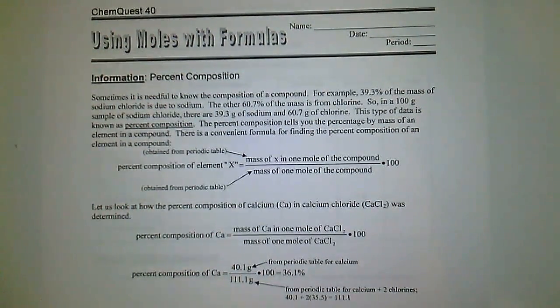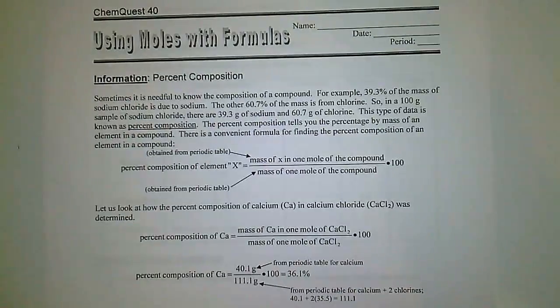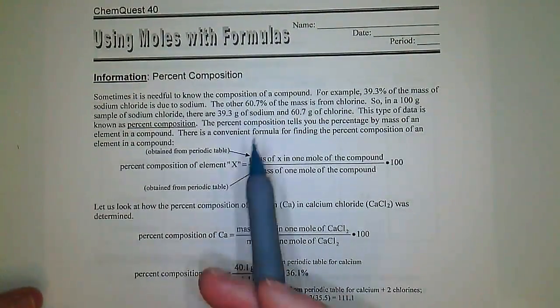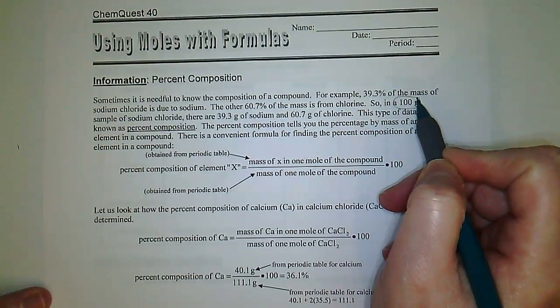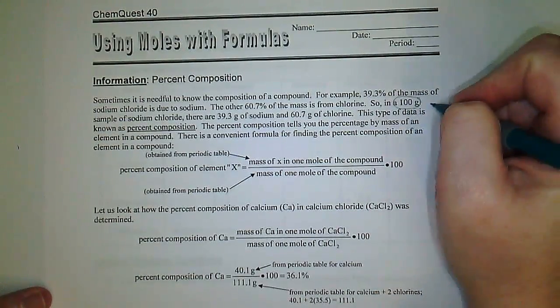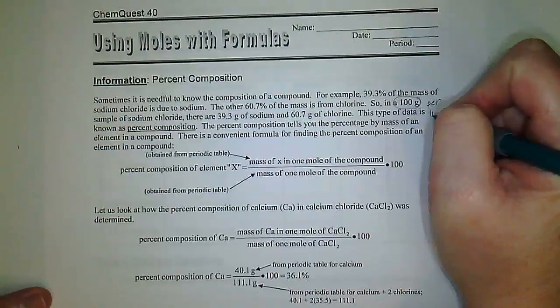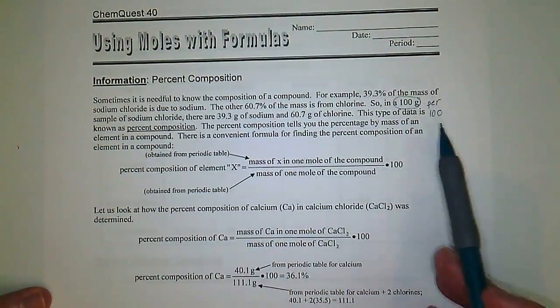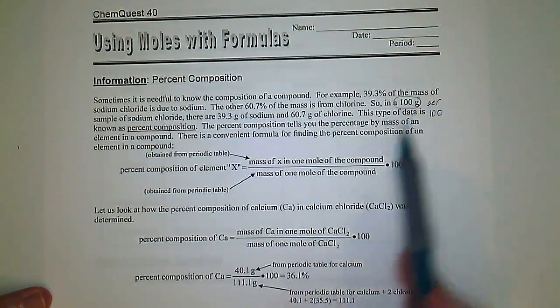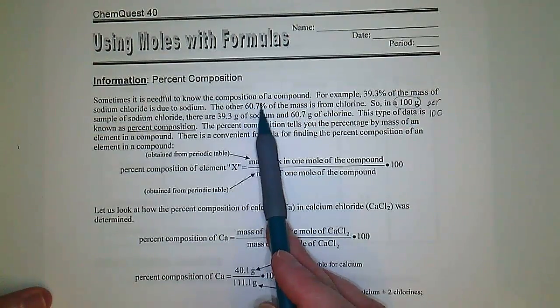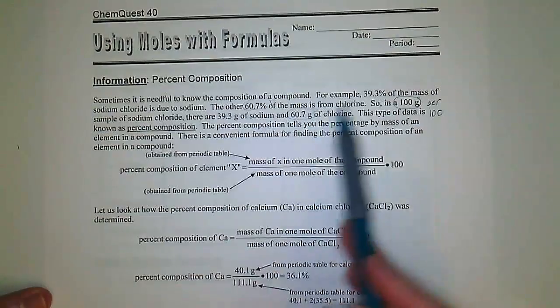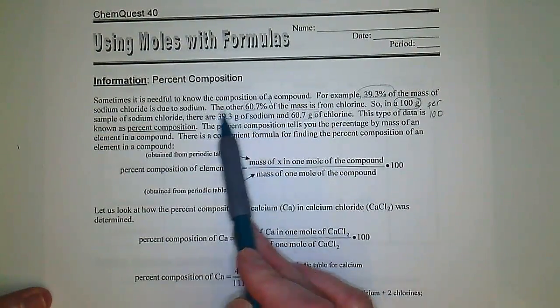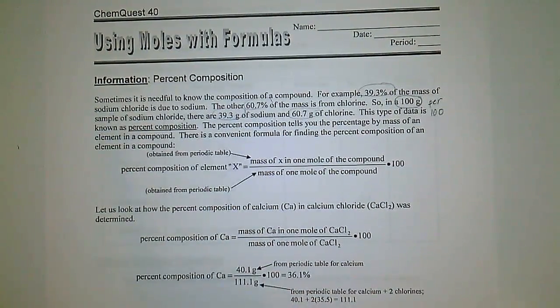So with this, the clue and the key here is that they talked about having 100 grams because percent means per 100. So when you say that you have 100 grams of your compound, your percentages become masses. Okay, so that's going to be part of the key to what they did there.